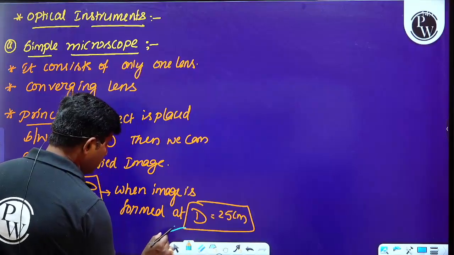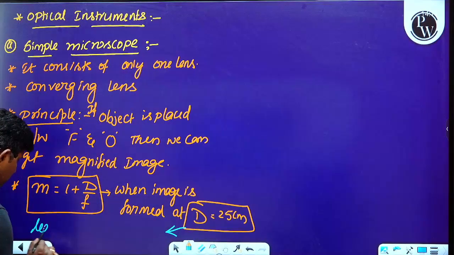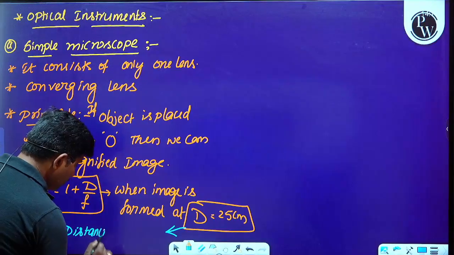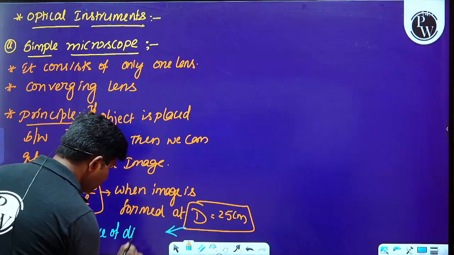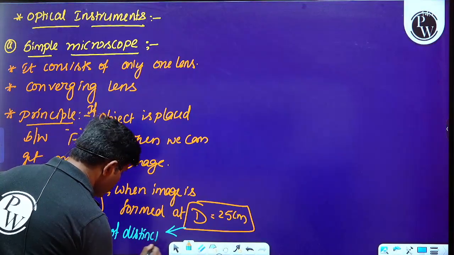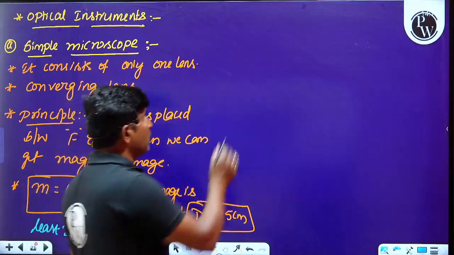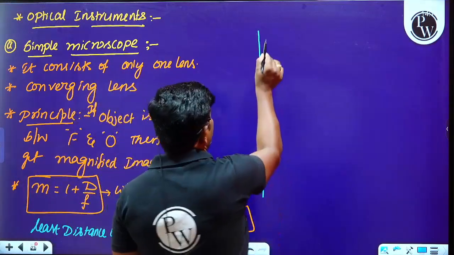What is capital D? Capital D is nothing but the least distance of distinct vision. I hope you're understanding each and every point.